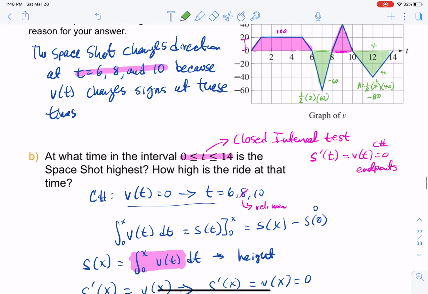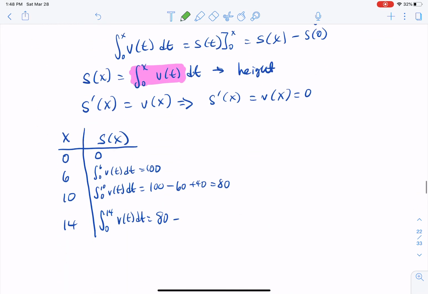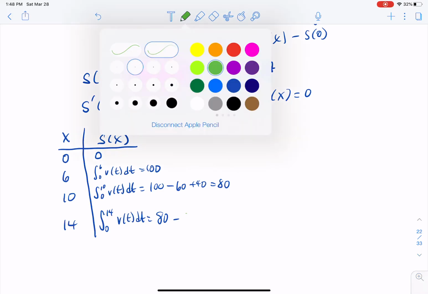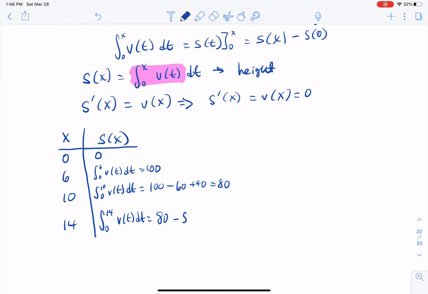So we went down 80 here. Whoa, 80 minus 80 is 0. Well, does that make sense? We should be back at the ground by the time the ride's over. Could you imagine it stopped like 15 feet above the ground? Oh, okay. You guys need to jump down or something. All right, we got a clear winner.